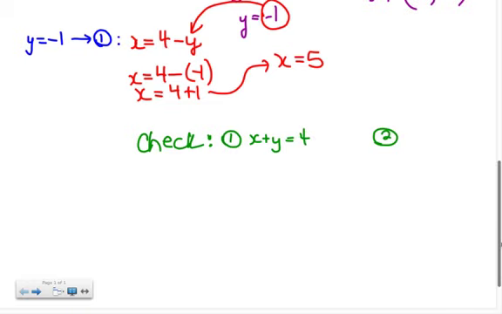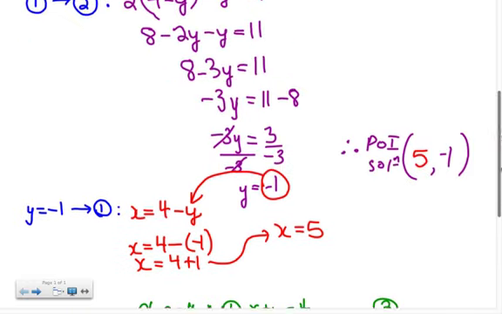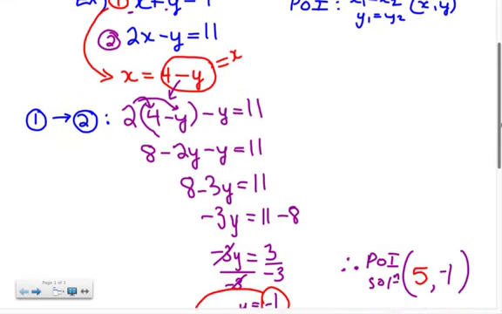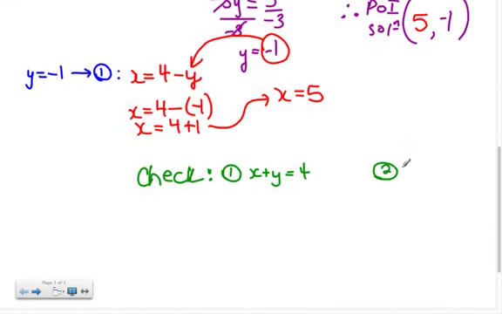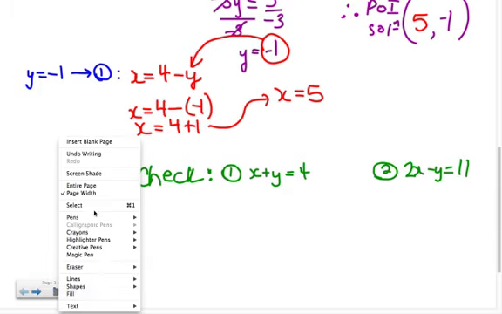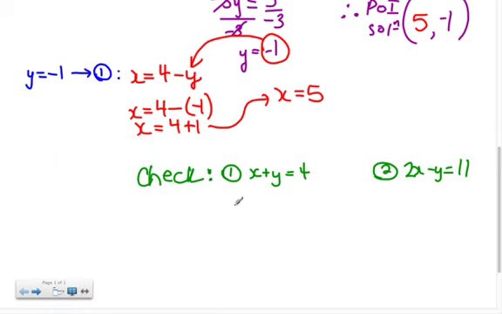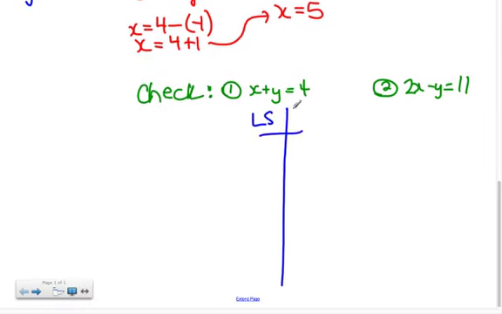And equation 2 was 2x minus y equals 11. When I do my check, I need to isolate the left side and the right side from the original equation. So left side, right side, and I'm going to do that here too. Left side, right side.